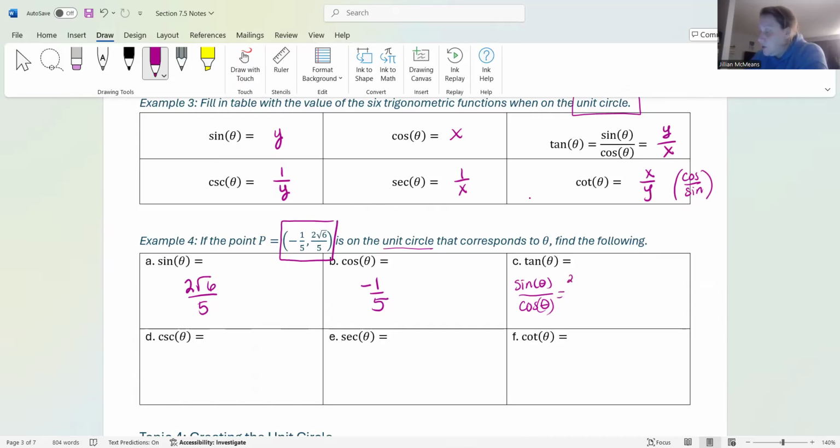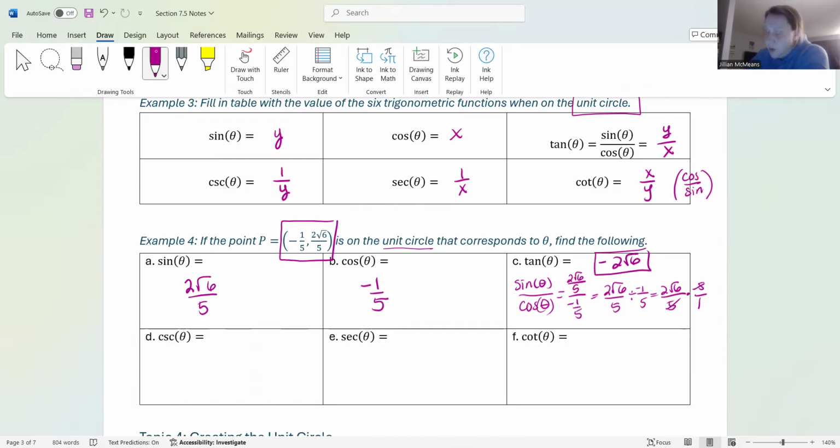We just want to take 2 square root 6 over 5 and divide it by -1/5. 2 square root 6 over 5 divided by -1/5 is really 2 square root 6 over 5 times -5 over 1. Well, the 5's cancel, and that leaves me with -2 square root 6.